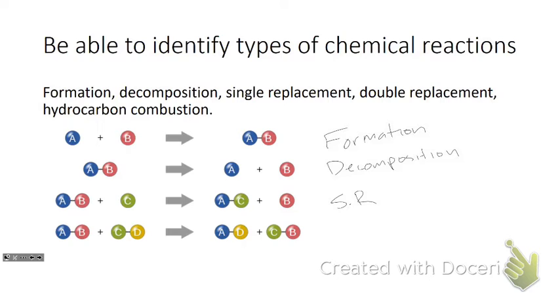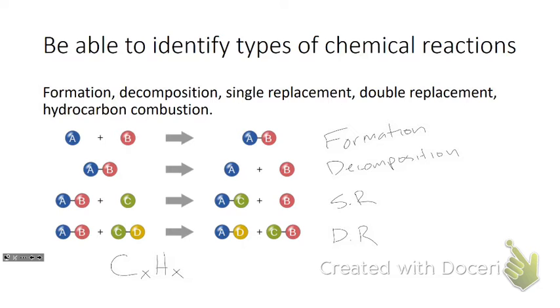In that analogy, our compounds are tired of dancing with one another, so they swap cations, right? Perfect. And what did I leave out? Hydrocarbon combustion. Good. Hydrocarbon combustion can be anything, so CxHy.